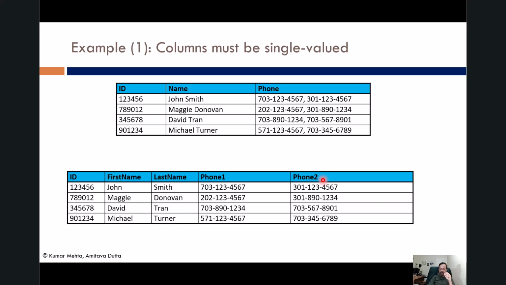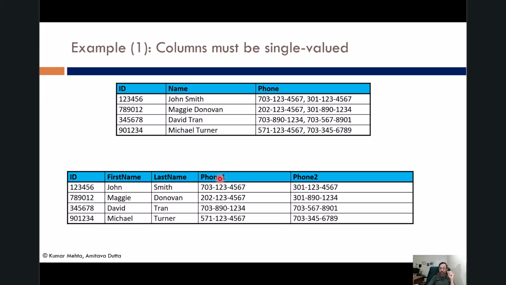But the essential point is that this value, which is not atomic, is being split up into its conceptual components, and each atomic component is made into a separate column. So going from here to here, I have modified the structure of the table so that it now meets the conditions of being a relation.